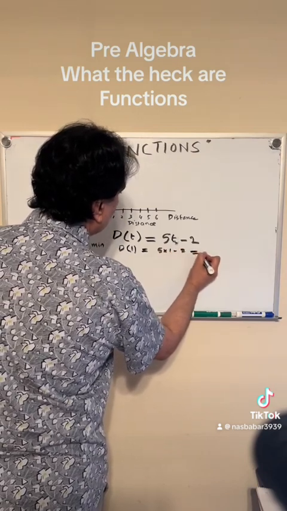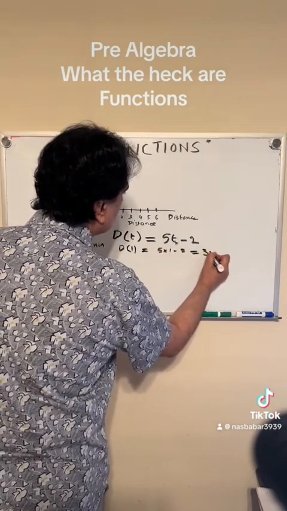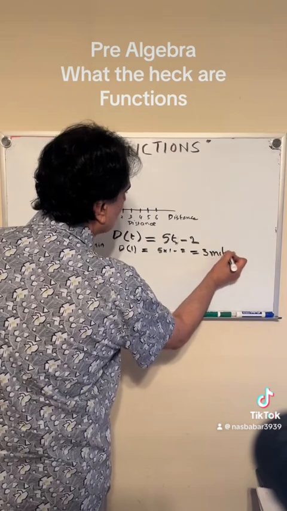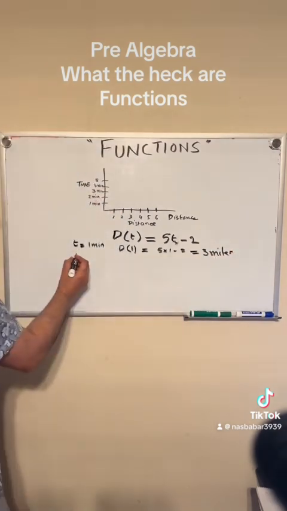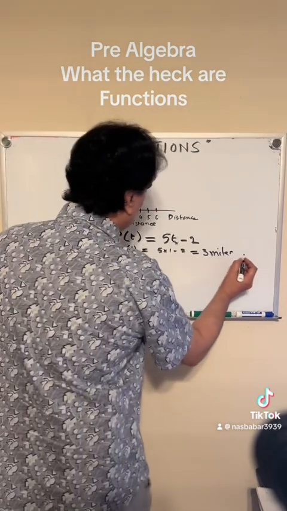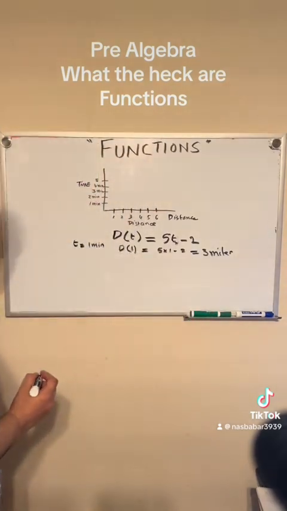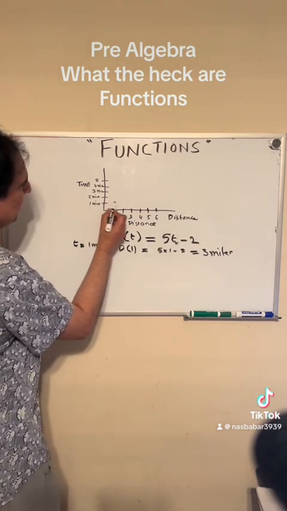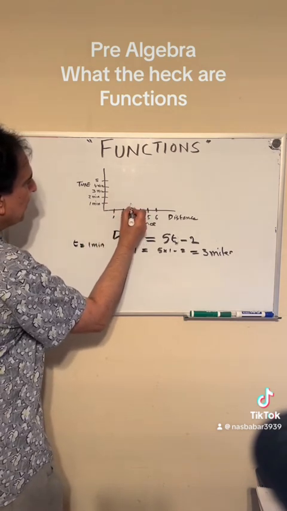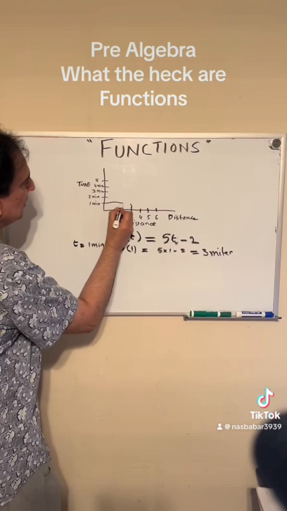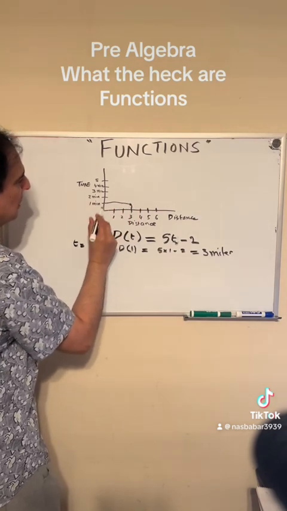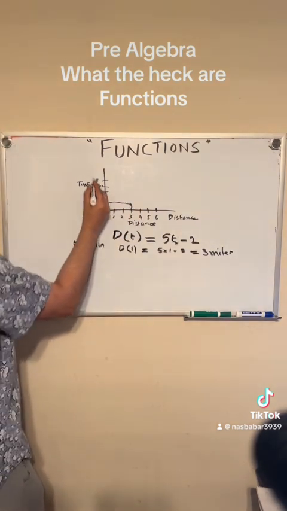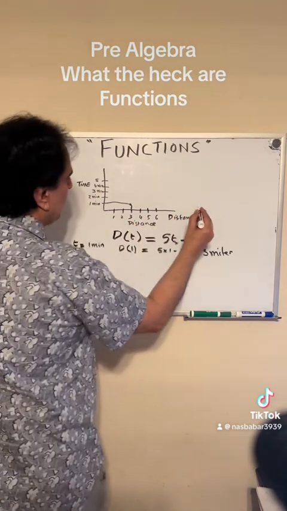So you have 3 miles, okay? Driving pretty fast. So in 1 minute, you're covering 3 miles, right? So if I want to draw it on the graph, I can go in 1 minute, I'm covering 3 miles right here. So this is my time axis, this is my distance axis.